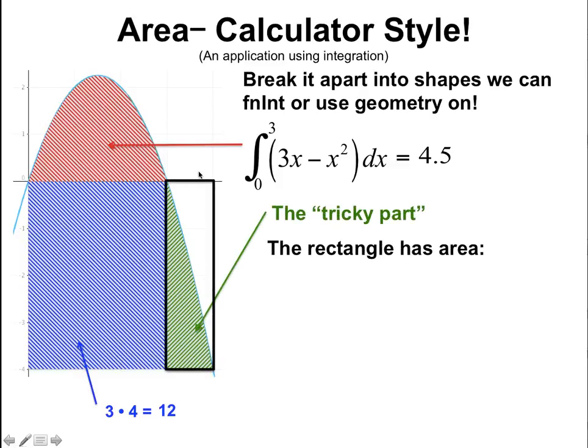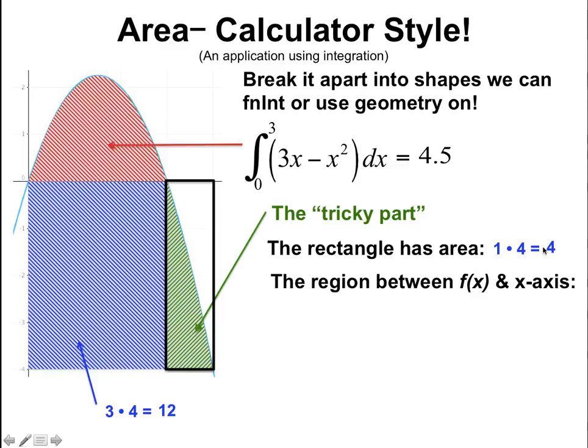Okay, but we have to take a look at this overall rectangle. The overall rectangle has an area of 1, 2, 3, 4. It's 1 wide and 4 tall. But I'm not using a part of it. I'm not using this part that's between the function and the x-axis. But I can find the value of that part if I integrate from 3 to 4 the function 3x minus x squared.